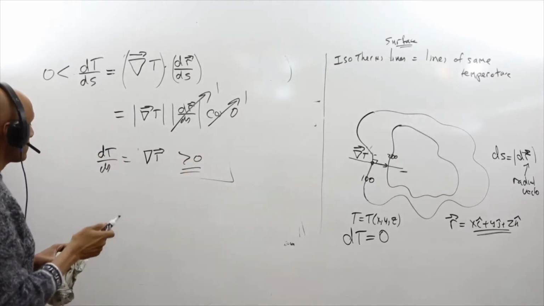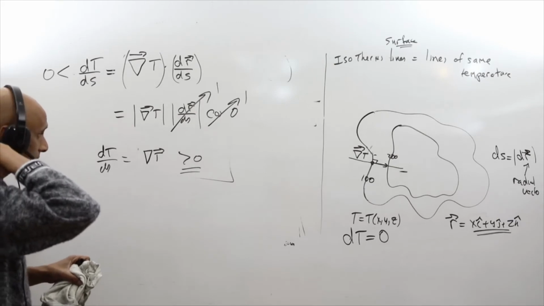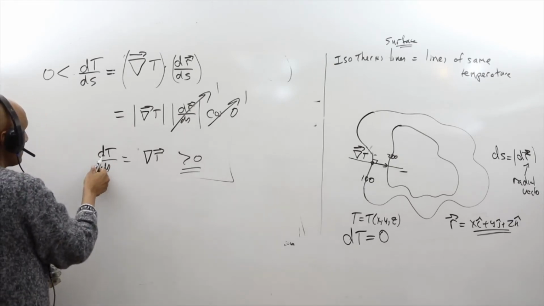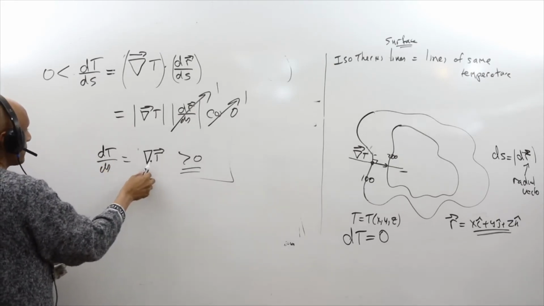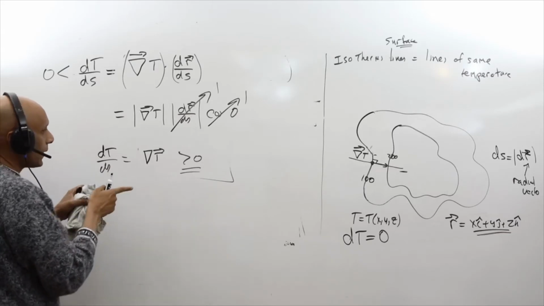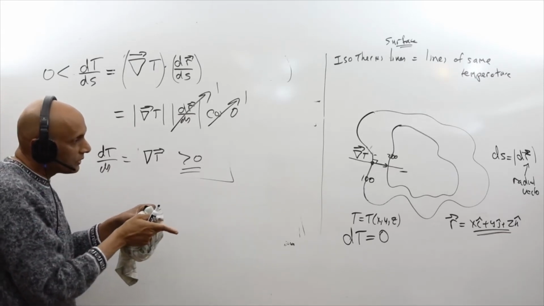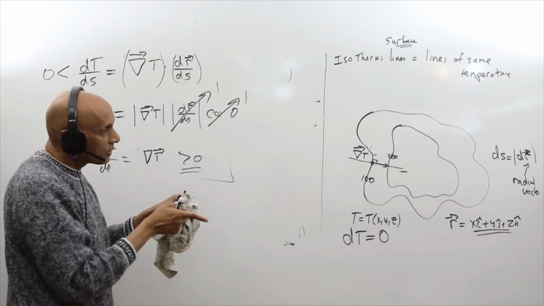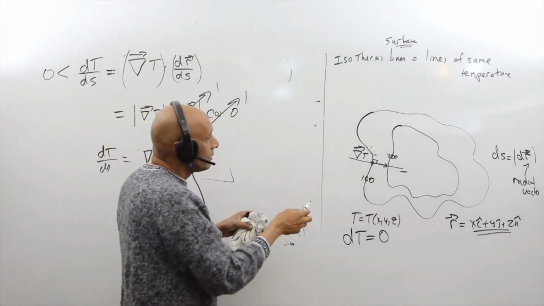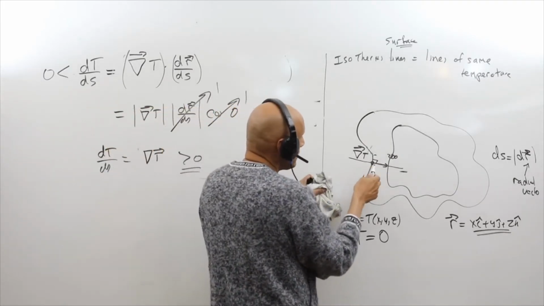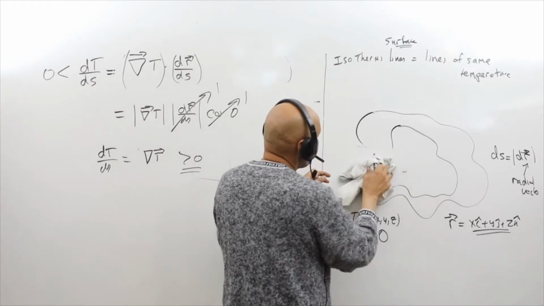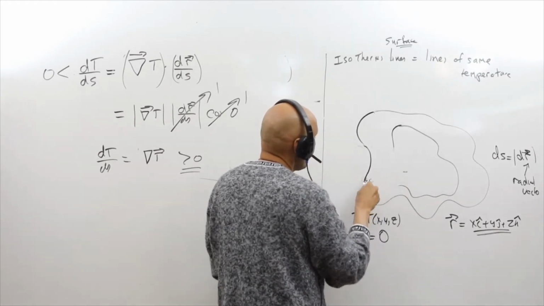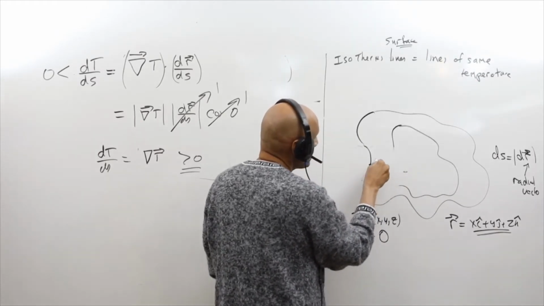So to put it in other terms, what you're saying is that the gradient function is basically a directional derivative that tells you the direction where temperature is increasing. So your gradient T is basically pointing in the direction of increasing temperature.